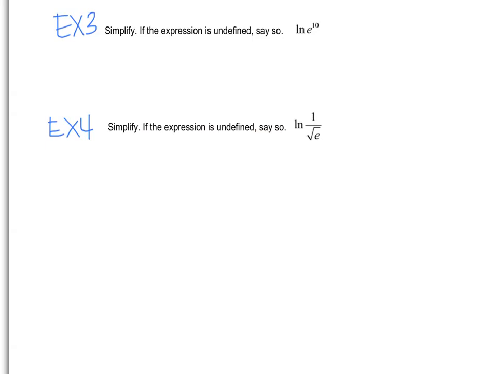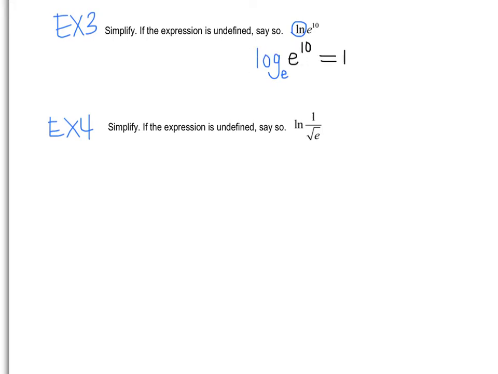Okay, directions here are to simplify. So we have the natural log of e to the 10th. Now if I want to rewrite this natural log as log base e, what we really have is log base e of e to the 10th. Now let's use some of those log rules that we know. When we have an exponent, that's equivalent to writing it as a coefficient.